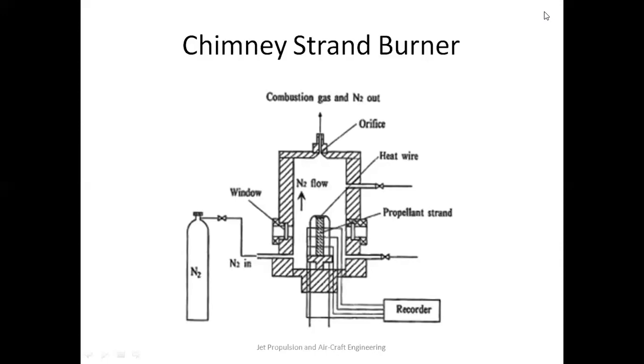It consists of a chamber with 4 quartz windows mounted on the side of the chamber wall. The nitrogen gas is passed through the base of the chamber, and the flow rate is adjusted by changing the size of the orifice, as you can see on the left hand side of the figure. The orifice is mounted on the top of the burner.